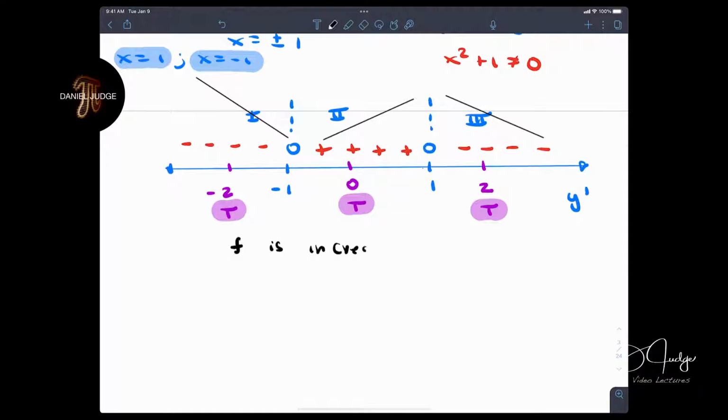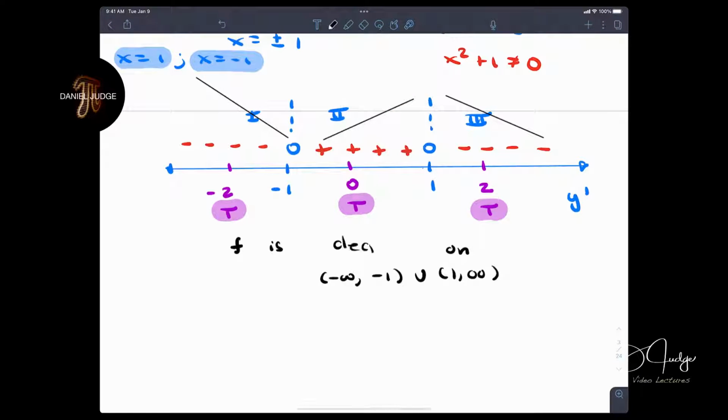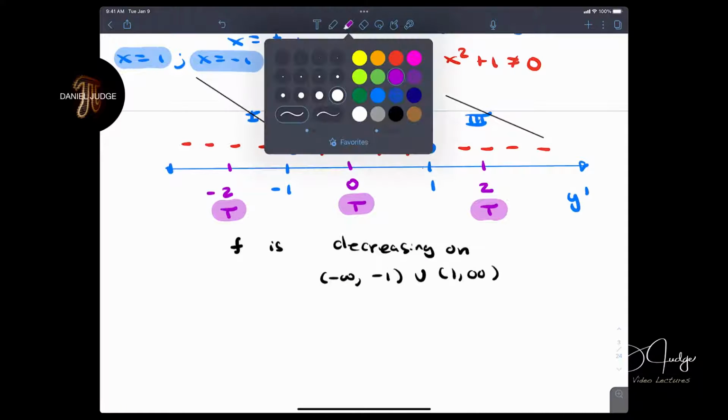F is decreasing on 2 intervals from -infinity up to -1, union 1 to infinity. Oops. Decreasing on 2 intervals. This is what I'm looking at. Okay, apologize for that.